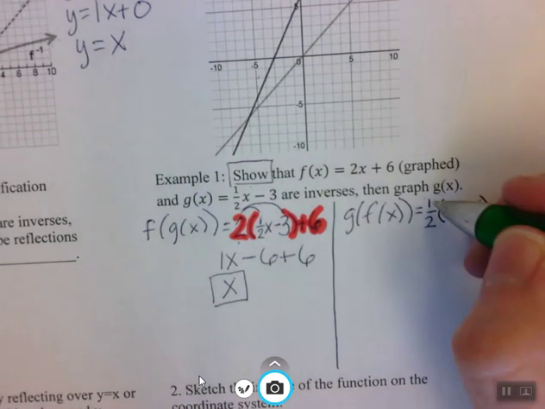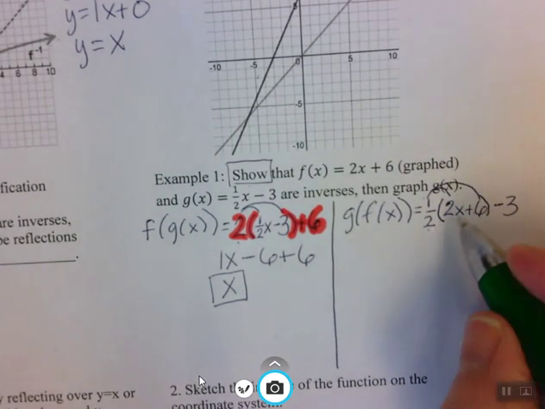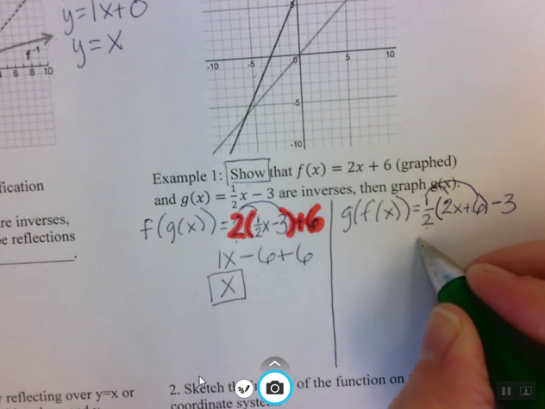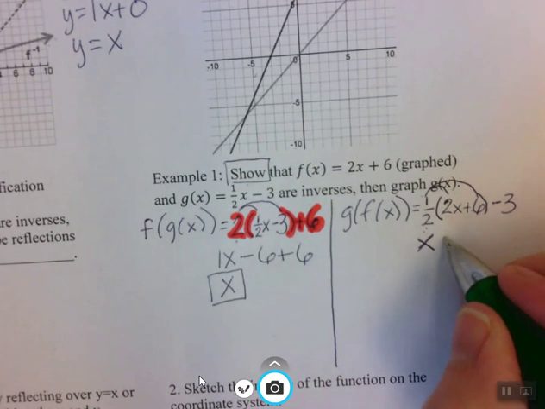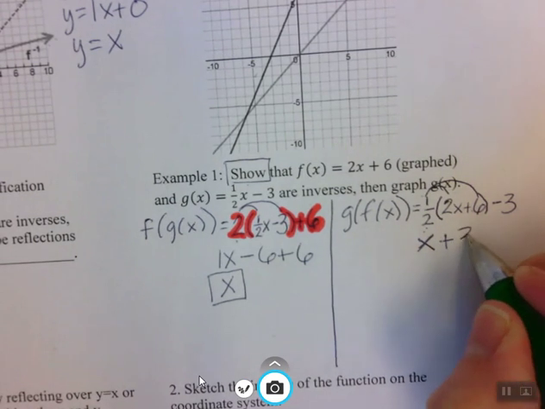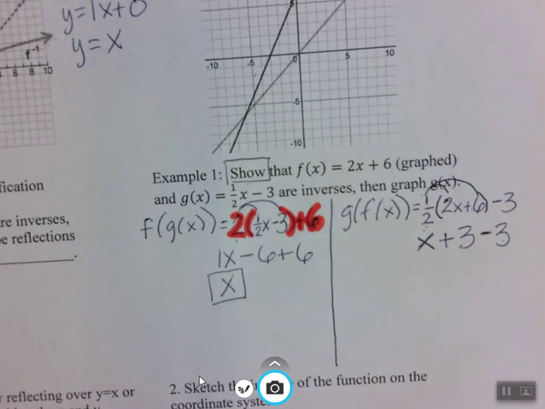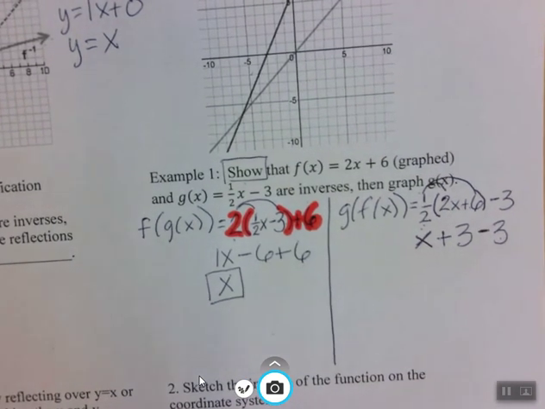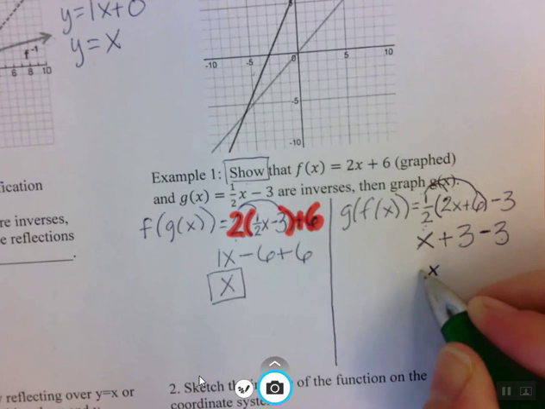And then you distribute the 1/2. So 1/2 times 2 is 1, so that's 1x, or we could just put x, that would be even simpler. And then 1/2 times 6, and then bring down the minus 3. And what happens with the plus 3 minus 3? It cancels. Good.